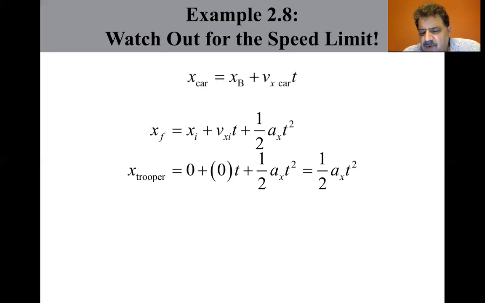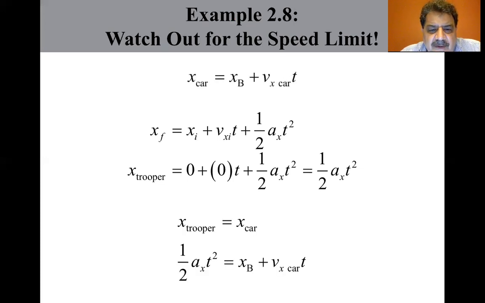Set the positions of your car and the trooper equal to represent the trooper overtaking your car at position C. X trooper equals x of the car. So the trooper's 1/2 ax t squared equals your xb plus vx car times t.